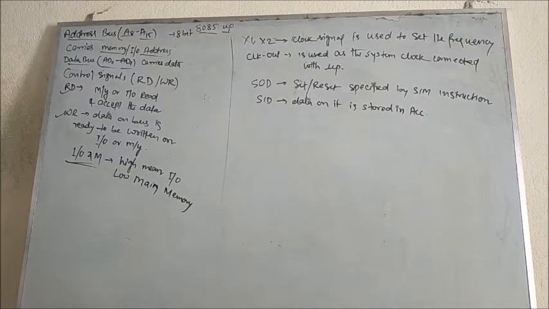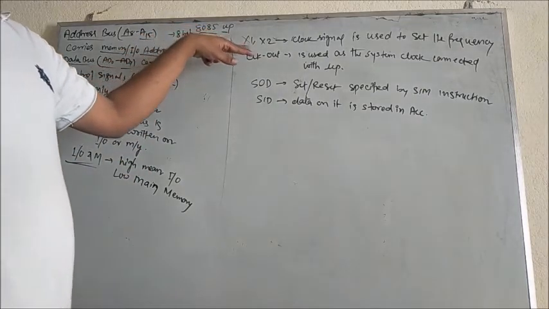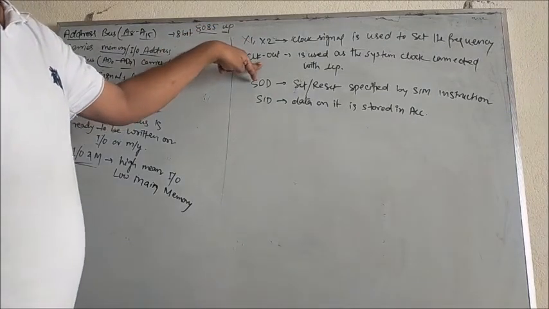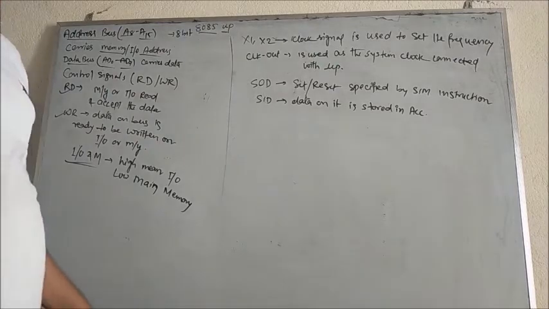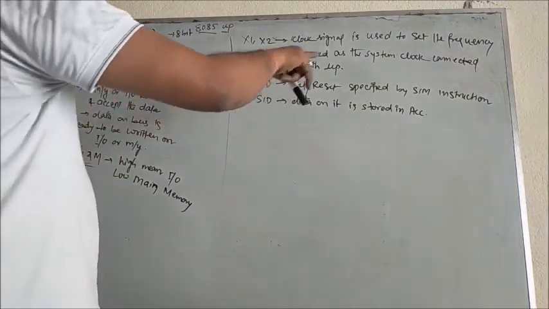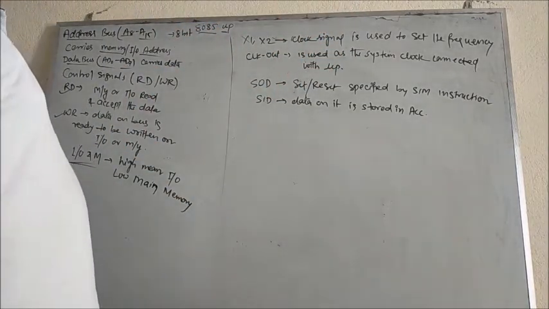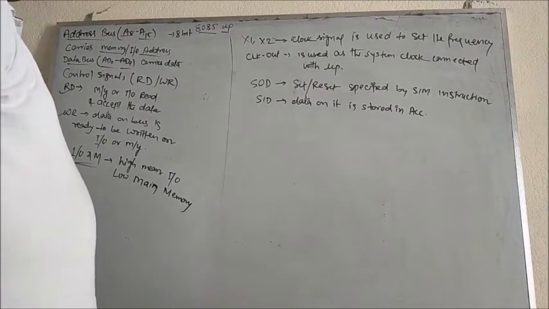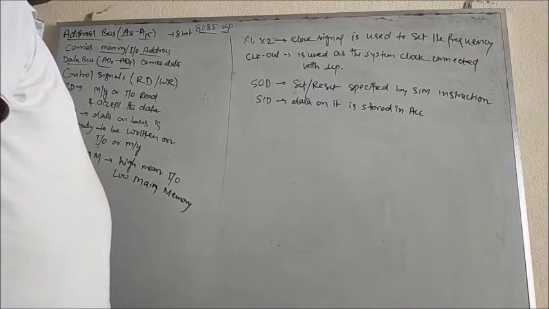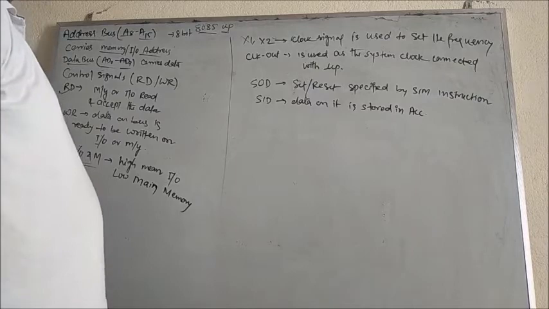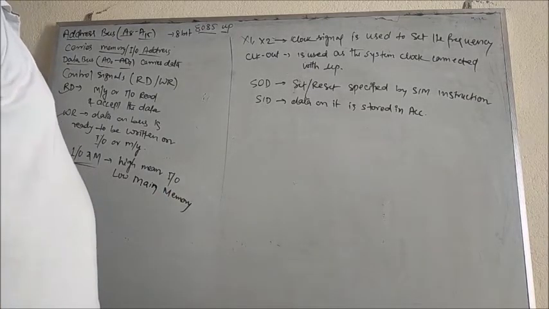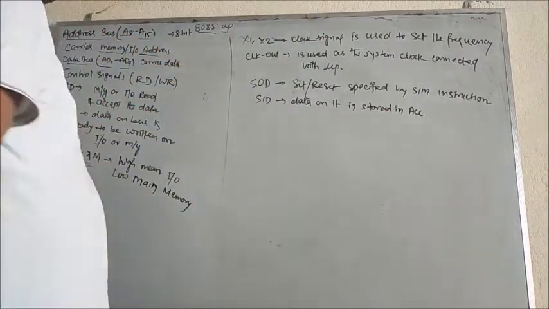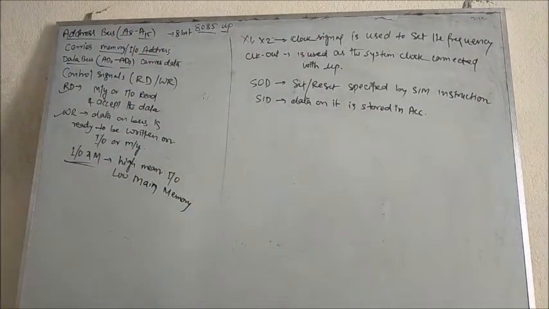Next, X1, X2 and clock. These are the clock signals that I have already told you. X1 and X2 are used to set the frequency of the clock generator, right? To start any operation, we have to set the frequency of the clock generator. Next, clock out.